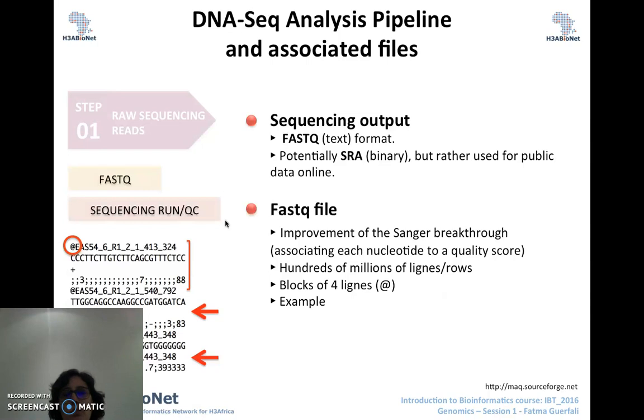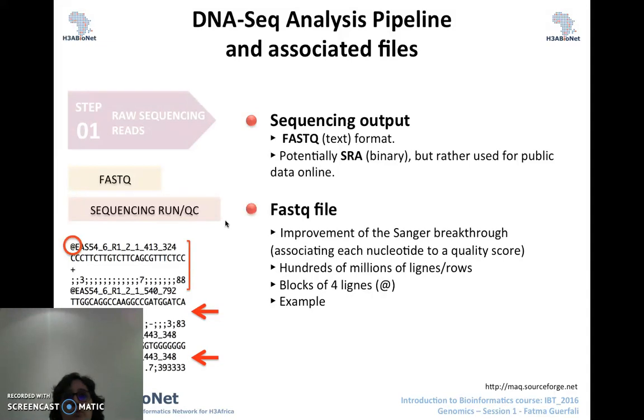So in fact, if we go back first to the Sanger sequencing, a real breakthrough of the Sanger sequencing is that not only did it provide the sequence of a DNA fragment, but it associated to the bases of each fragment a quality value or a quality score, and this was called the Phred quality score. So basically, if you have a high score, then you have a higher quality of your bases.